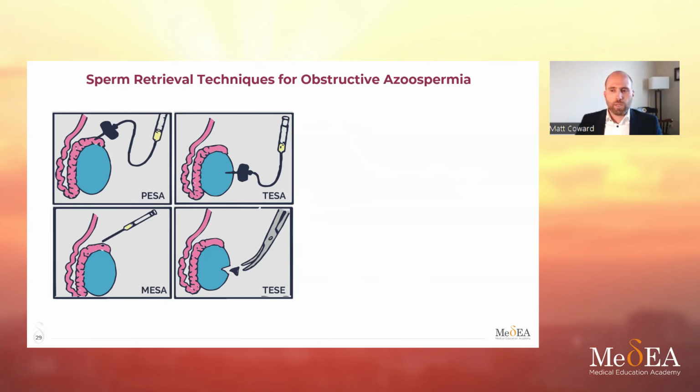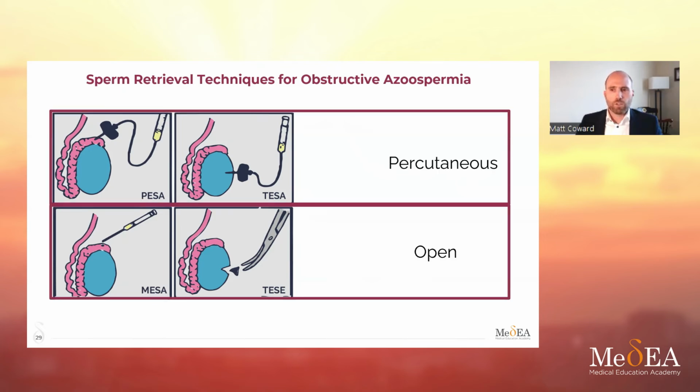The first consideration is whether we go for a percutaneous versus an open approach. That decision is going to have to do with the setting, the equipment available, and the goals of the patient, which might include costs or a desire to bank sperm ahead of the IVF cycle. In addition, we have the consideration of testicular versus epididymal sperm.